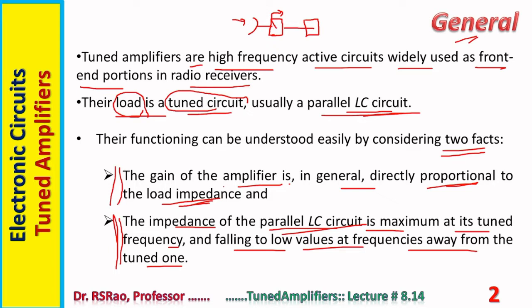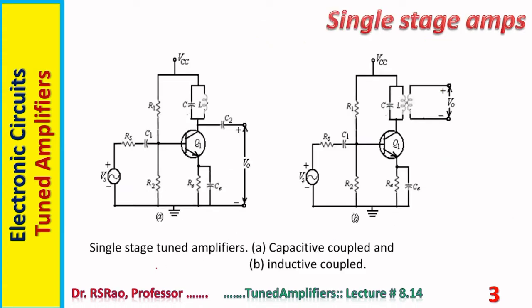When an amplifier carries a tuned LC circuit as load, its gain is large when it is working at the tuned frequency of the LC circuit, and gain falls as the frequency moves away from the tuned frequency. Here are shown single stage tuned amplifiers.